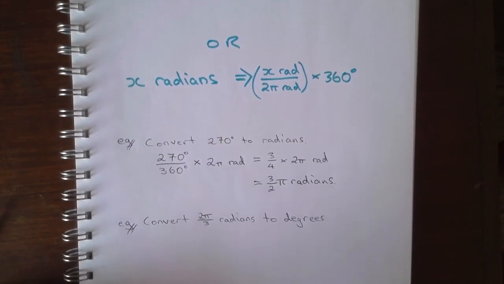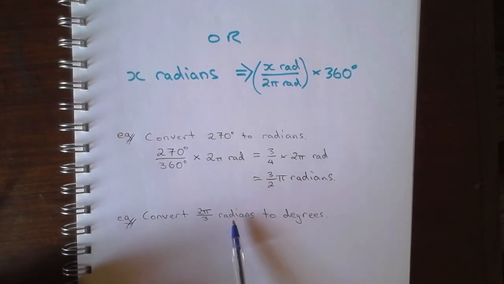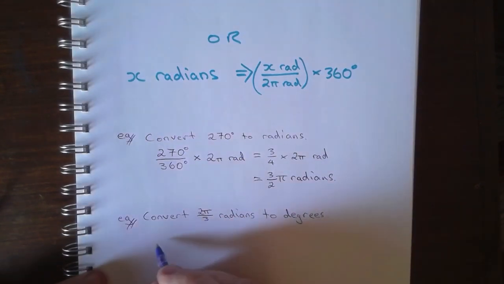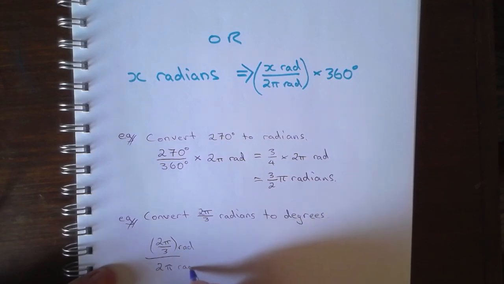Another example, let's go back the other way. If I want to convert 2 pi on 3 radians to degrees, again, I'll start by dividing 2 pi on 3 by a full rotation, which is 2 pi radians. Then I want to multiply that by what a full rotation is in terms of degrees.